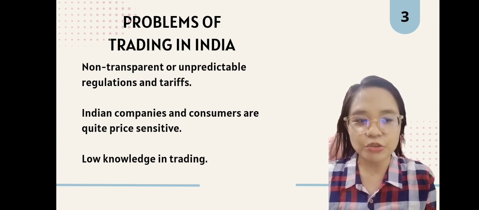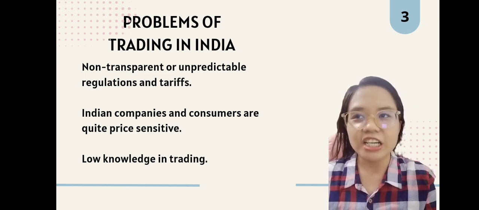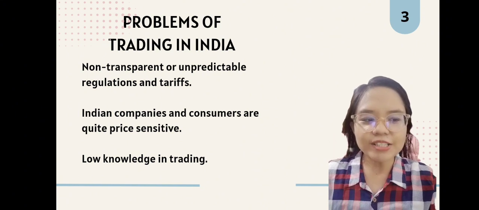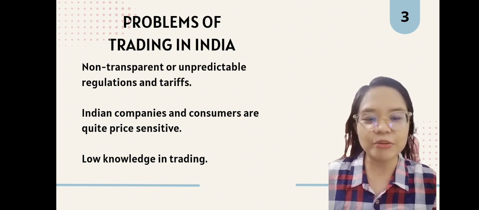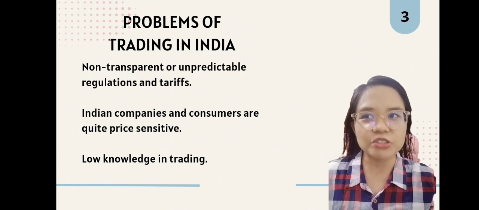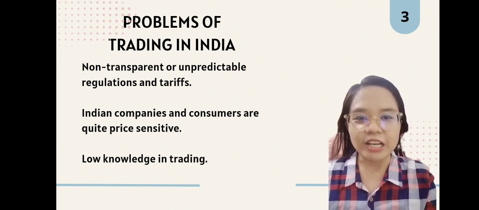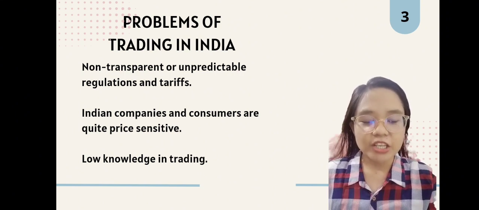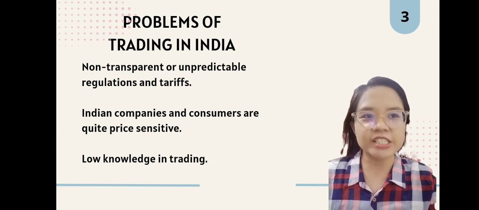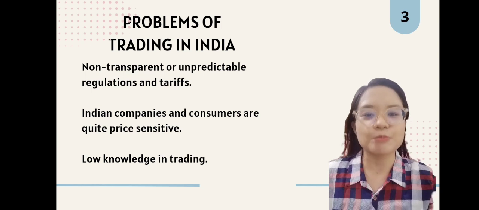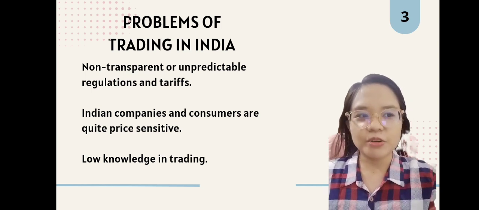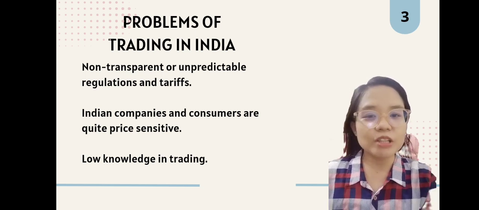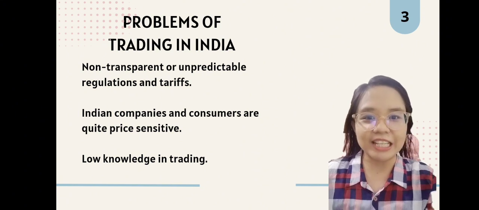Of course, when doing business in India, they always encounter non-transparent regulations or tariffs or barriers when trading their products. And US companies have a hard time coping if Indians can usually pay the prices that are imported and exported to them. When we say import and export, we will also tackle what it means in the later topics.